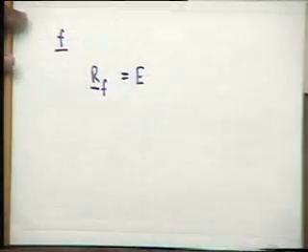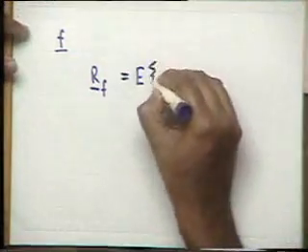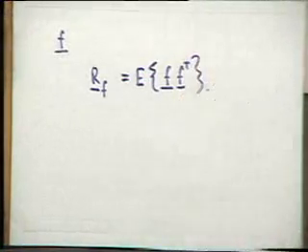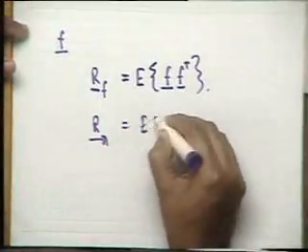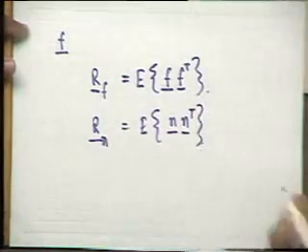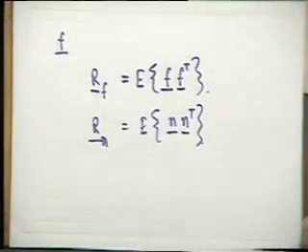You remember we had defined the correlation matrix during our transform techniques, while discussing the image transforms. It is simply given by the expectation of F F transpose. And very similarly, the correlation matrix for the noise N is defined as Rn, the expectation of N N transpose, where E is the expectation operator.